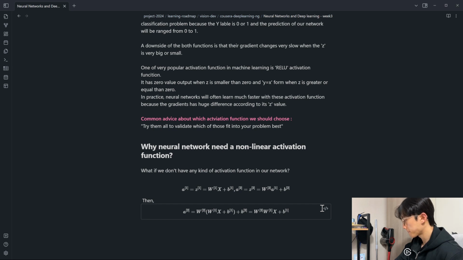If you were to use linear activation functions, or we could also call them identity activation functions, then the neural network is just outputting a linear function of the input.